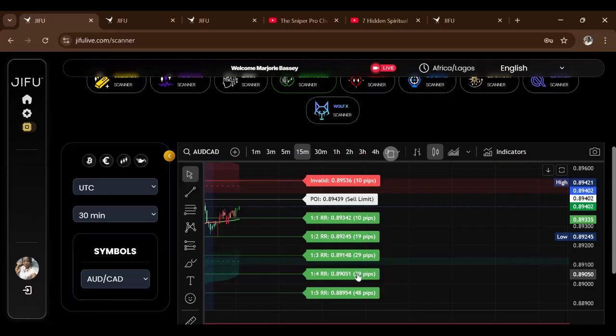Oh no, no, we are buying, so the stop loss will be below the entry, and it's my TP that will be above. My TP can be 0.89900. So your stop loss for a buy, whether it's buy limit or buy stop, is always below your entry price, and your profit is always above your entry price for a buy.